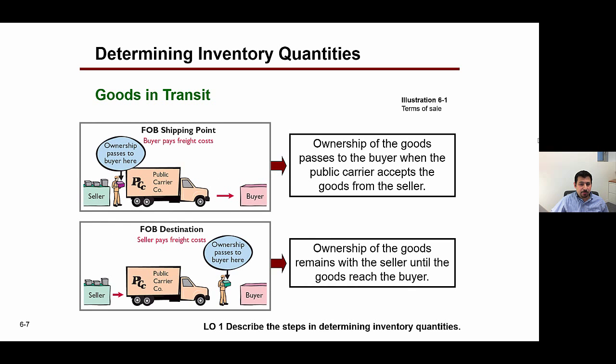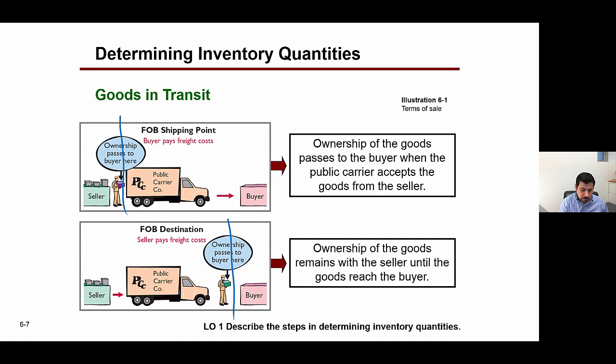So this is, as you remember, the goods in transit. This is where ownership passes. When the shipping terms are FOB shipping point, the buyer will be paying for the shipping. At that point, it becomes the buyer's ownership, as soon as the delivery truck receives them.